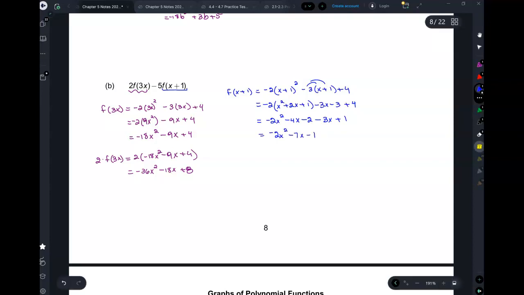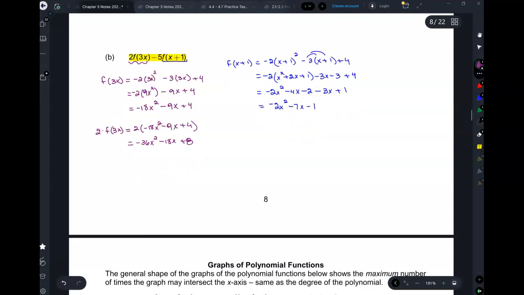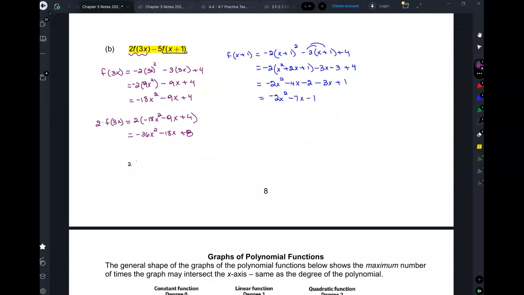Okay, now let's put it all together. So I have 2 f of 3x minus 5 times f of x plus 1. 2 f of 3x, I just found it. It's here.